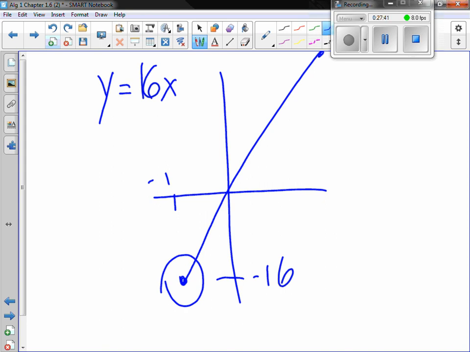Yeah, it's part of that equation, isn't it? Would that be realistic for this problem, or we're talking about hours of work and your pay? Can you work negative hours? But the equation does show up for negative hours, doesn't it? So there are some things that the equations in math give us values for, but it doesn't work back in the original equation or the problem type we talk about, okay? And that's kind of what extraneous solutions are.